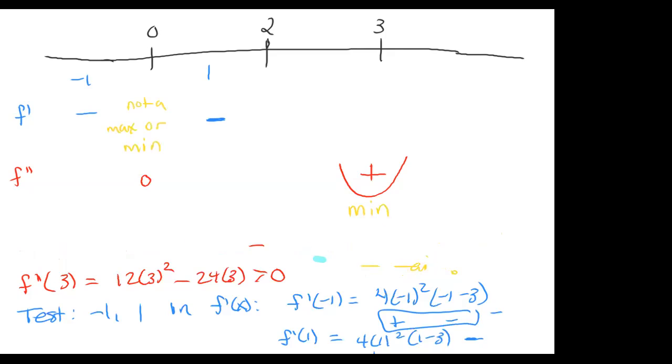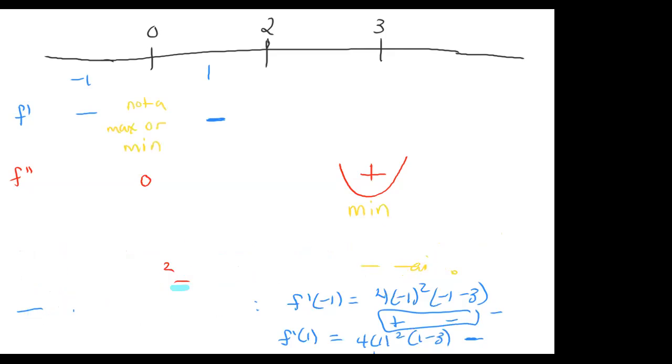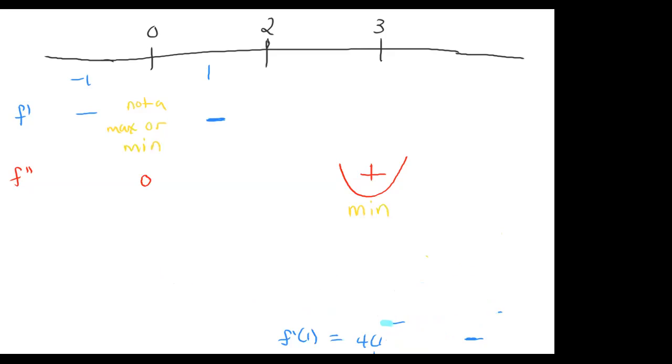Last thing I probably want to do is, okay, there are 2 locations where the concavity can change. The concavity can change here, and the concavity can change here. I know what the concavity is here. I need to figure out what it is here and here.